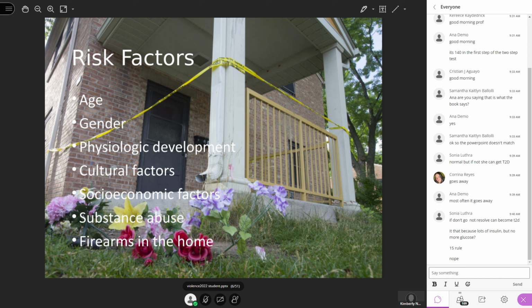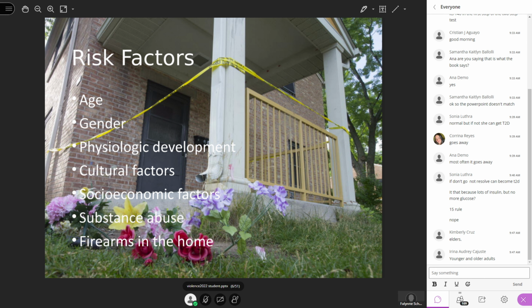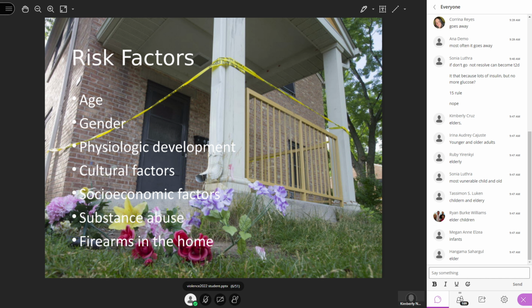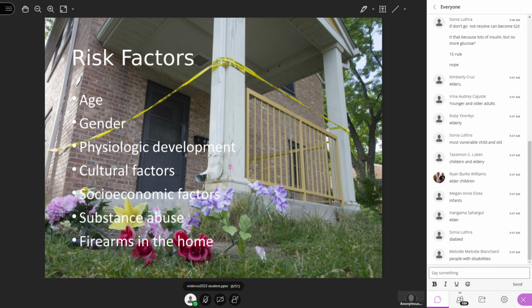What population did we think had a greater chance of being abused? Elders. The young and elder. Okay. Children and old. I'm also thinking of another protected class. Handicapped, disabled.